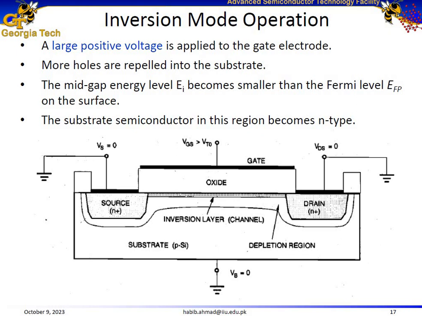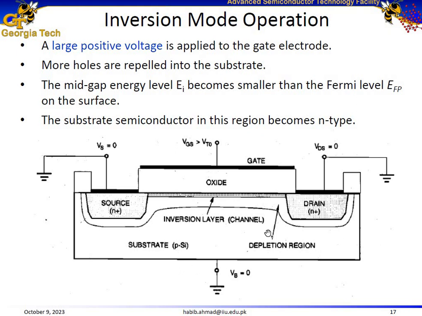As well, we know that the intrinsic carrier concentration for silicon at room temperature is 1.5 times 10 to the power of 10 per centimeter cube. Roughly, we can assume that it is 10 to the power of 10 per centimeter cube. So, Ni squared would become 10 to the power of 20.